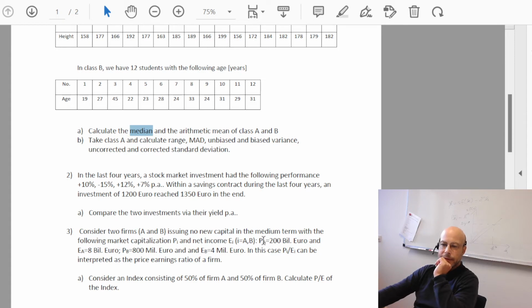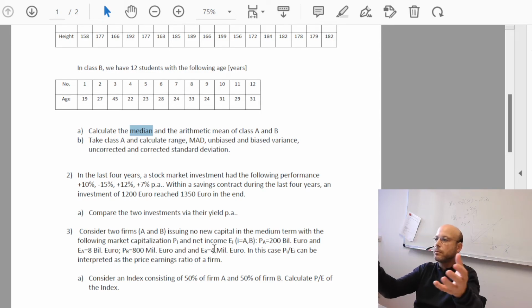We have a capitalization of 200 billion euros for A with a net income of 8 billion. So this would be a really large firm. And in the other case, we have a smaller firm with a market capitalization of 800 million euros and a net income of 4 million euros.